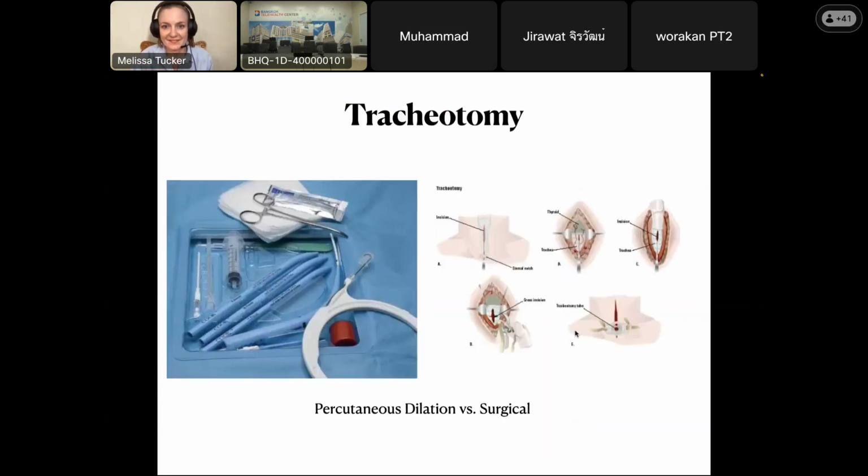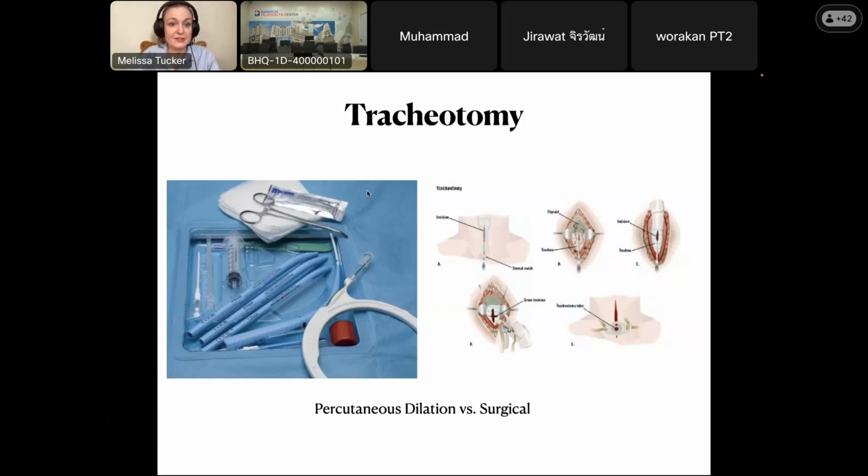Okay. There are two primary procedures to create a tracheotomy. The most common one in my setting these days is a percutaneous dilational trach. So this can be done at the bedside in an ICU patient. The patient does not have to be fully sedated. They could be awake with only local anesthesia.